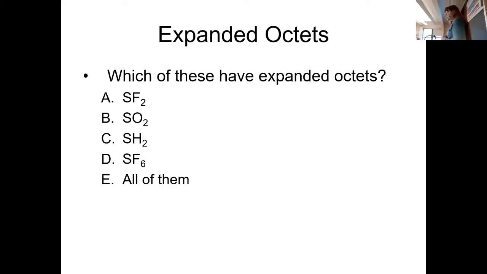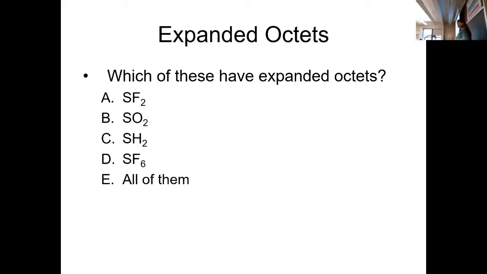So given the information that we have, we want to know which of these has an expanded octet. Sulfur can always have one, but it doesn't have to. For each of these, we try to draw the dot structure and see if we are forced to have an expanded octet.